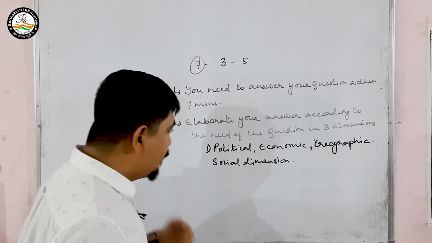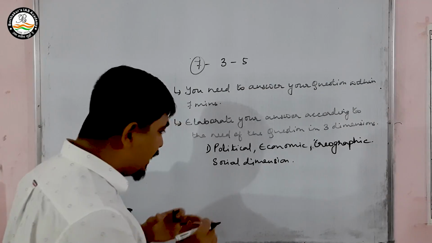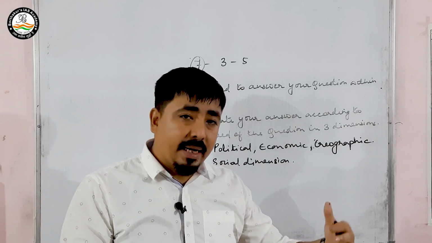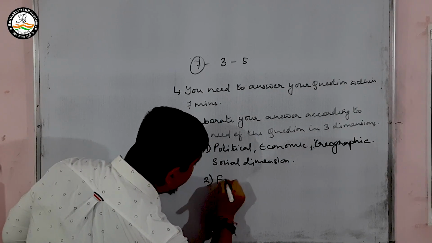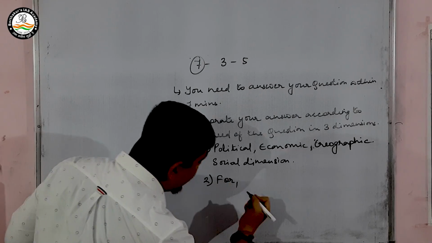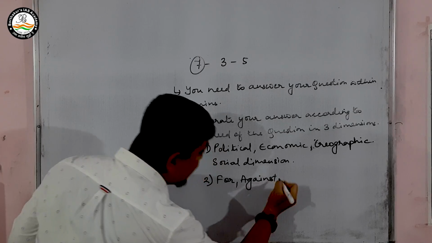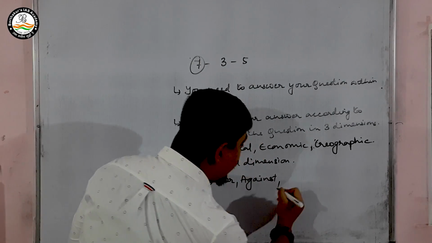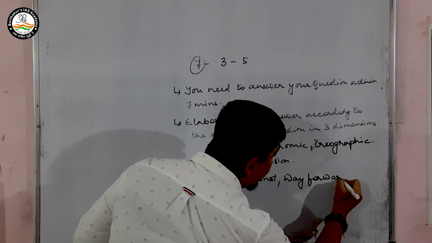Then suppose the question is asking you about the suggestions. Okay, they are stating a certain fact, and the question requires basically to write for the statement. Then you should also give the suggestions that are against that particular statement. Then you should also try to give a way forward. You should always try to give a way forward.